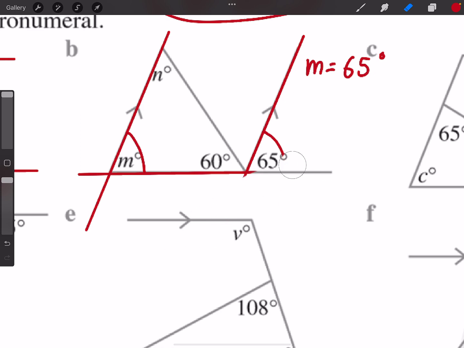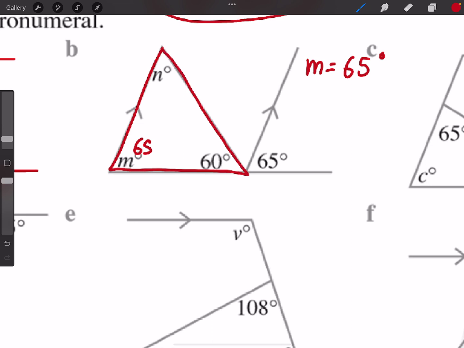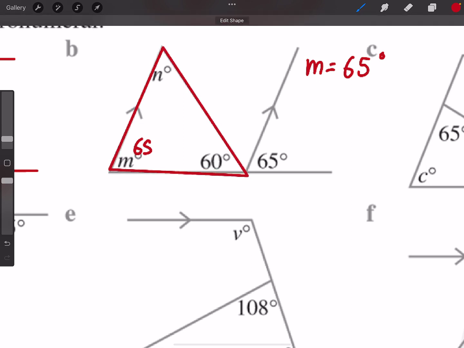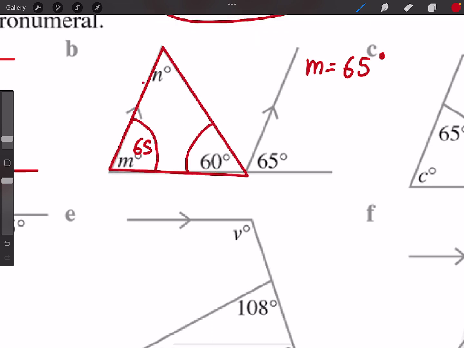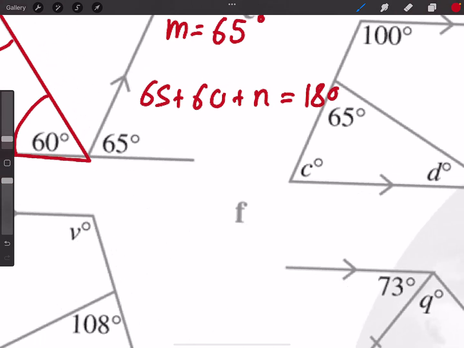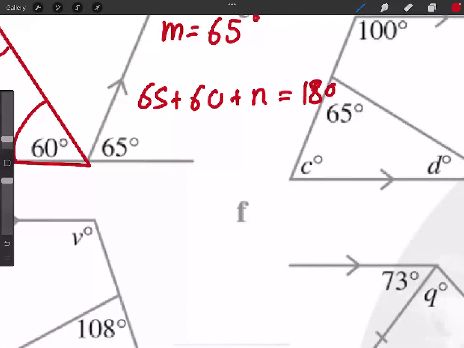Alright, now I'm going to do something else. Write this out. This is 65 degrees. Now look at this triangle. You got 65 degrees, you got 60 degrees, and you got the angle N. So 65 plus 60 plus angle N is equal to 180 degrees, because of the angle sum of a triangle.